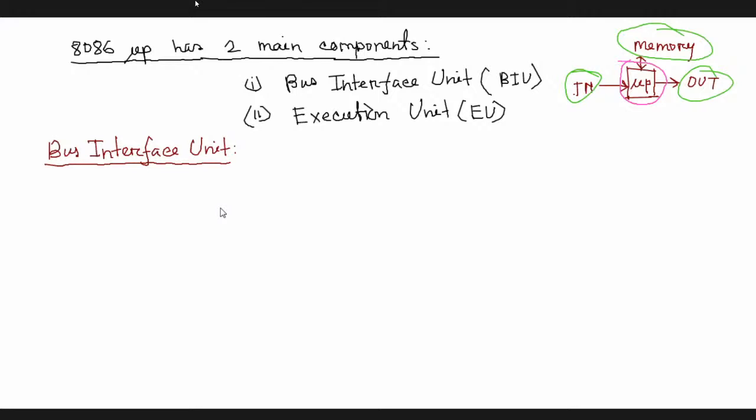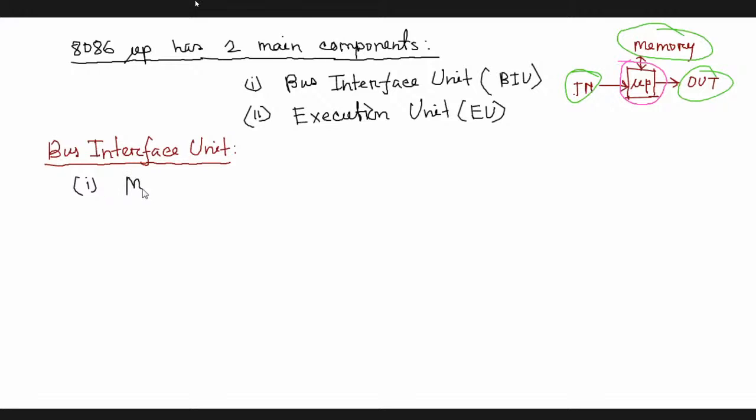In short, you can say that the bus interface unit maintains communication between the execution unit and the input-output or memory circuit. So let's make that point number one: what does the bus interface unit do?